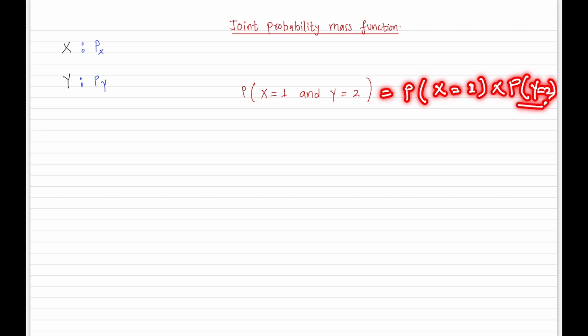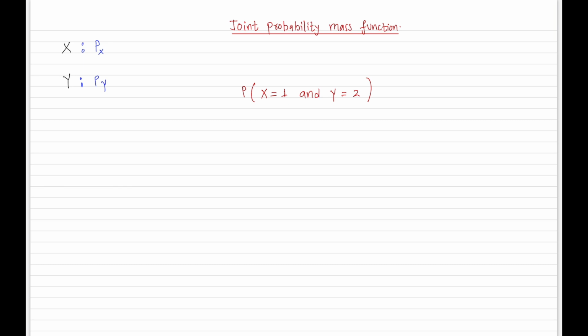So what assumption are you making in your mind? That these two random variables are independent. But I have not given you any information about how these two random variables are related to each other, right?